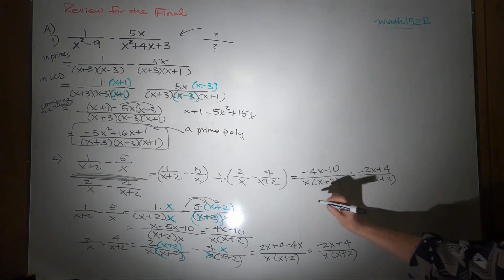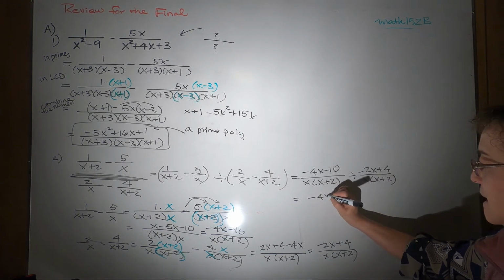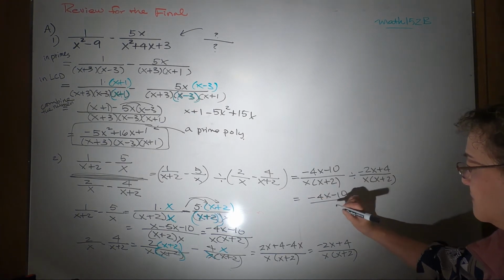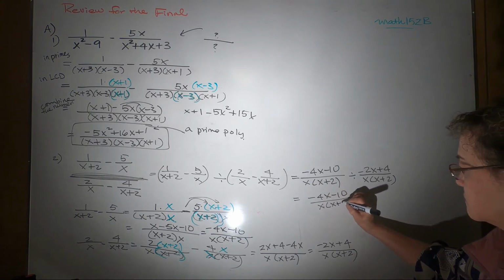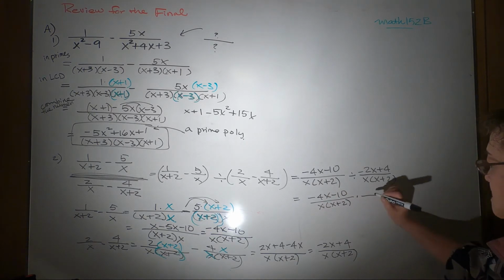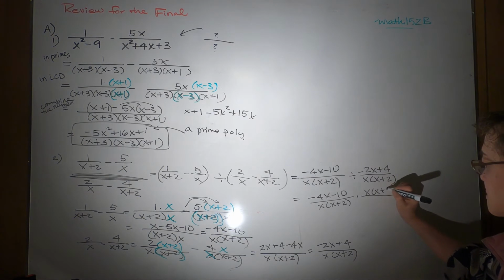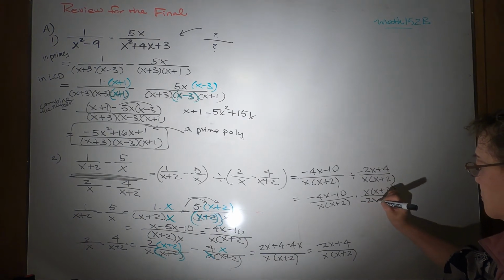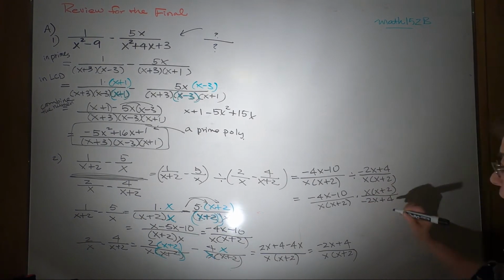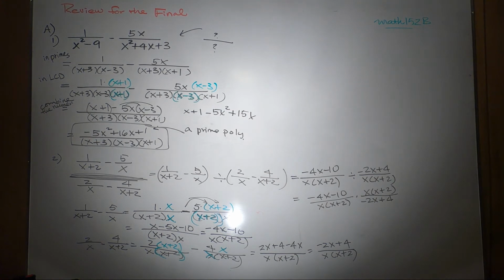Then for division, we multiply by its reciprocal, times x plus 2 over negative 2x plus 4, right? Then before we cross cancel, we need to do it in prime form, right?